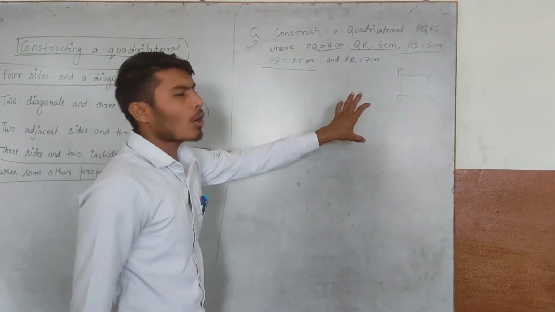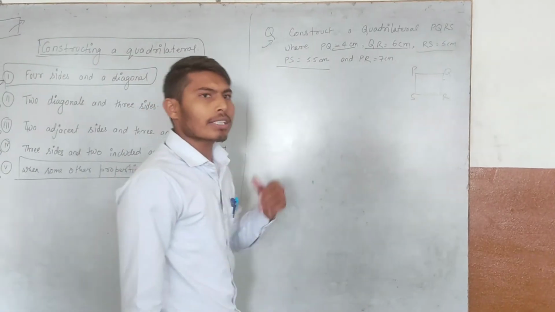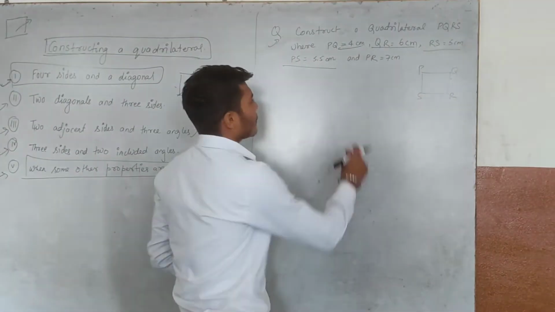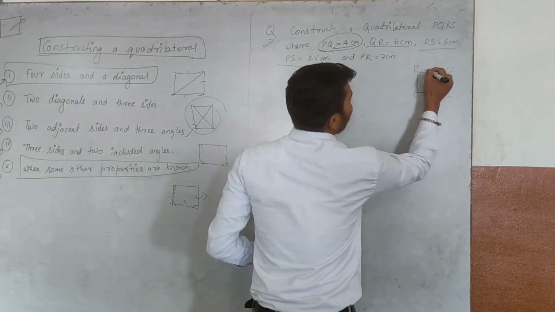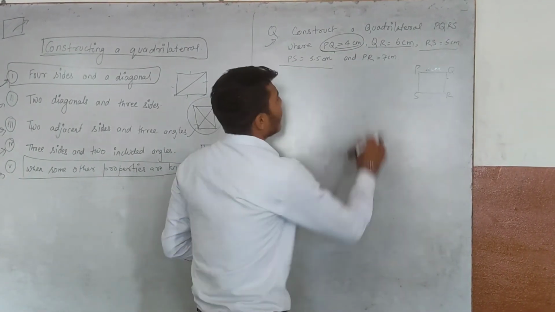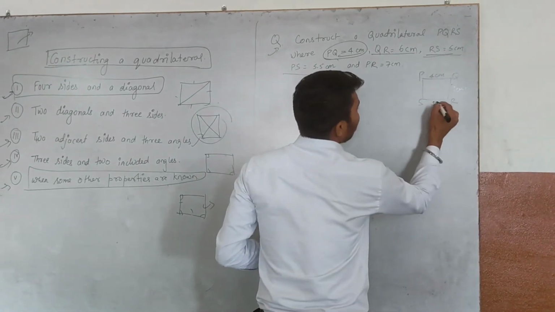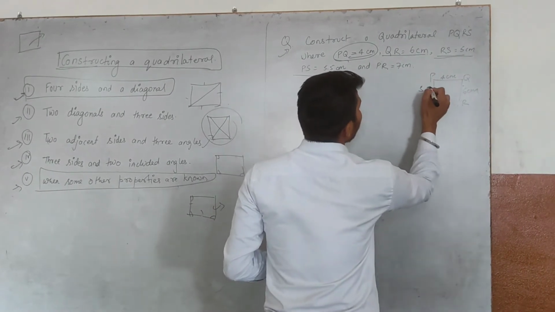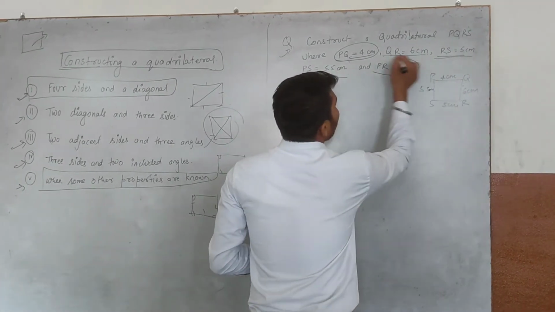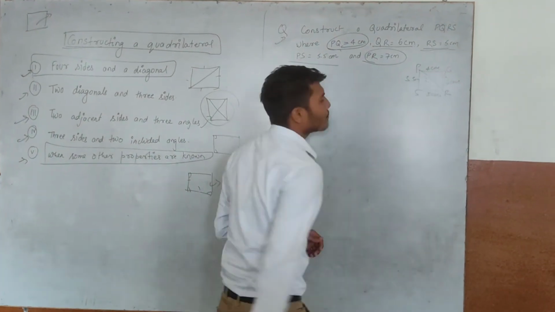In the outline of the rough diagram, label the measurements. PQ is 4 cm, QR is 6 cm, RS is 5 cm, PS is 5.5 cm, and PR, our diagonal, is 7 cm.